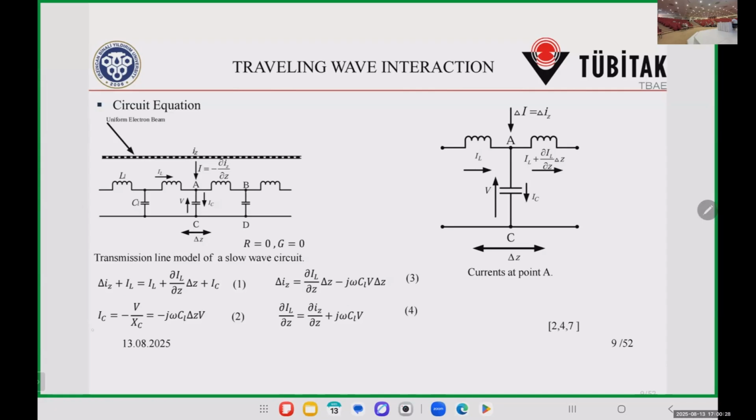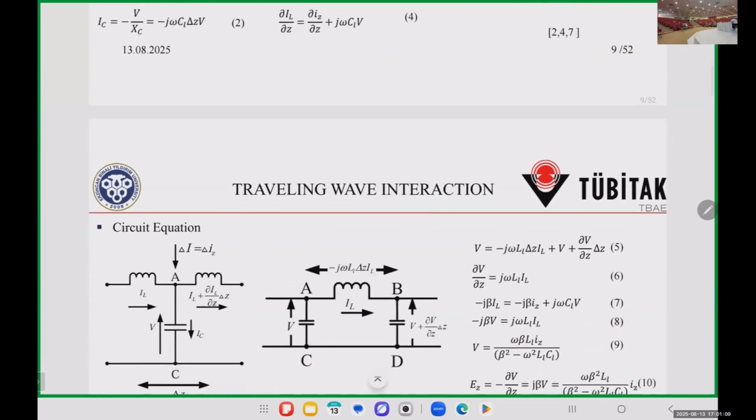If we substitute IC into equation 1, we can obtain equation 3. If we divide all sides of the equation by delta z and let delta z go to 0, we can write equation 4, a partial differential equation.